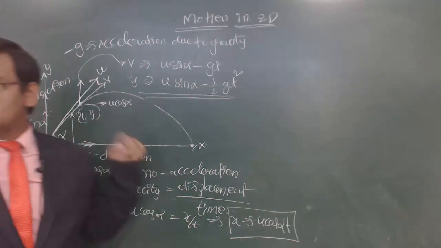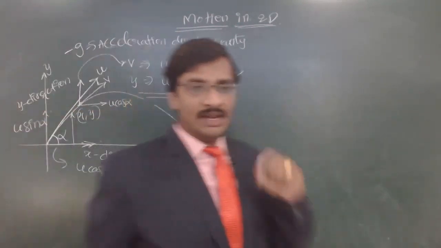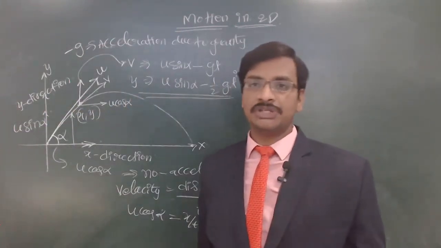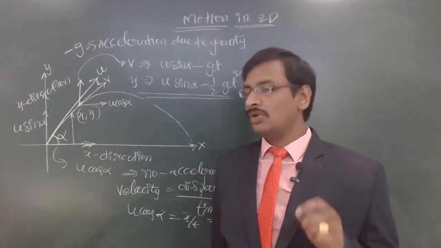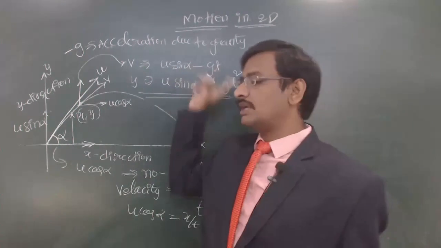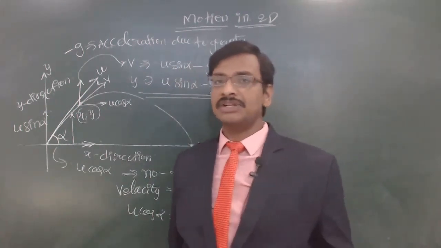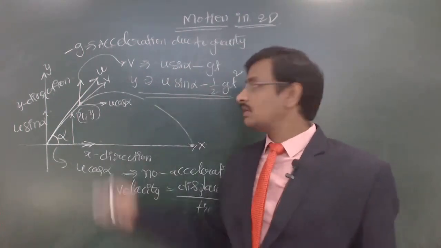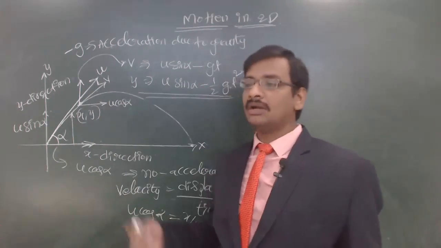So at any instant, you have the information of the position in the form of x comma y, the velocity in the form of u cos alpha and u sin alpha minus gt, and the acceleration: horizontal acceleration 0 and vertical acceleration minus g. We have all the information.